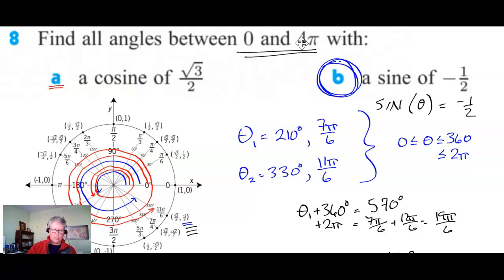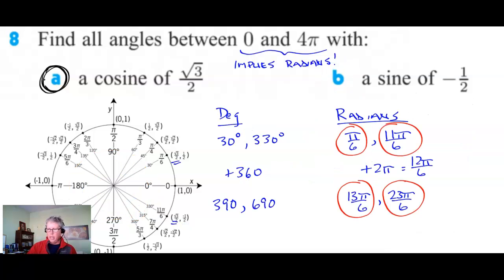All right, hopefully that went well. This is what I got. You simplify this as you go. Obviously, we have a cosine of square root of 3 over 2 there and there. So it's pretty easy to identify those in degrees and radians right off the unit circle.